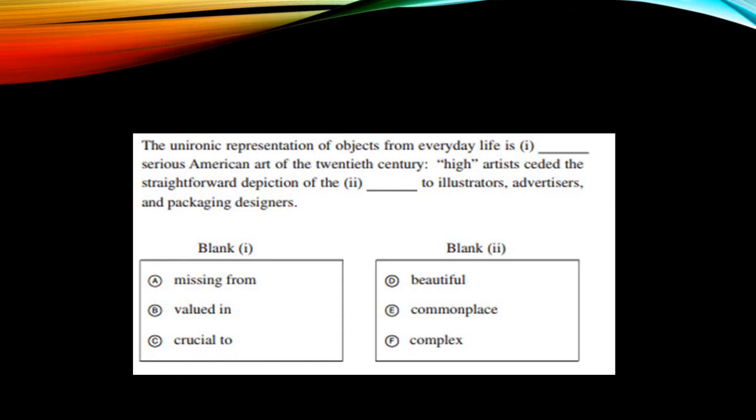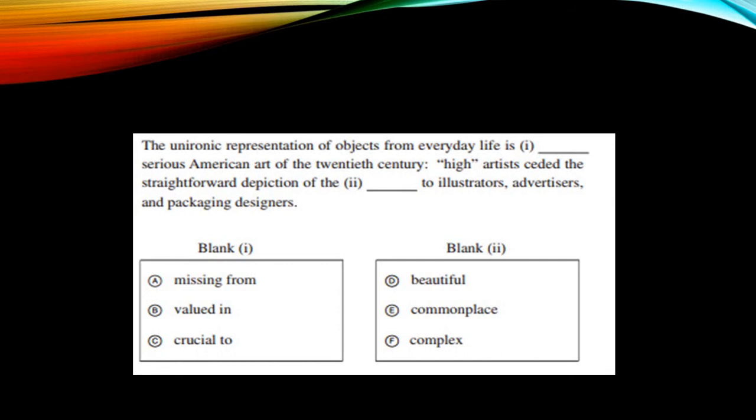Okay, now let us read this. High artists ceded the straightforward depiction of the blank to illustrators, advertisers, and packaging designers. So these high artists are those who are serious American artists of the 20th century. So these artists gave way, ceded, means they did not do it, they allowed others to do it.